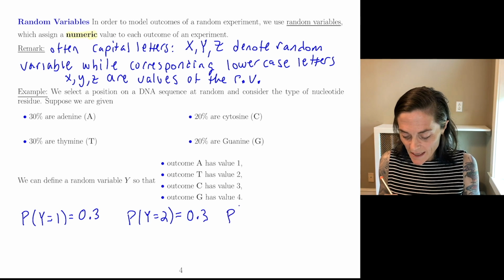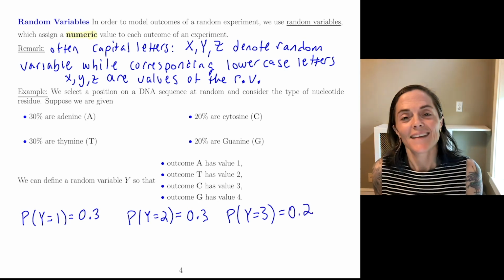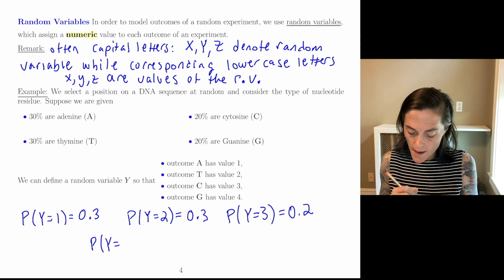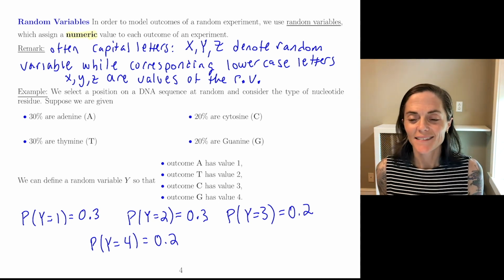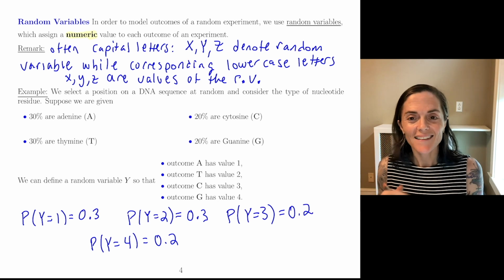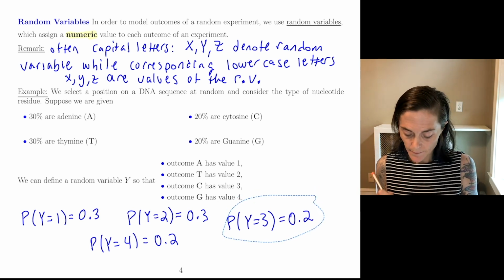The probability that capital Y is 3 is 0.2. And finally, the probability that capital Y is 4 is 0.2. So this is just an example with a random variable and probabilities. But I want to use this and move into some language and discussion.